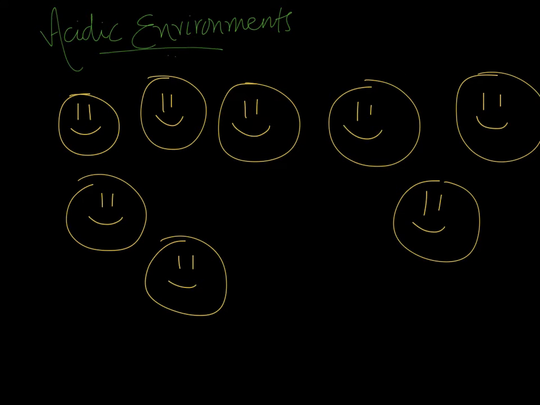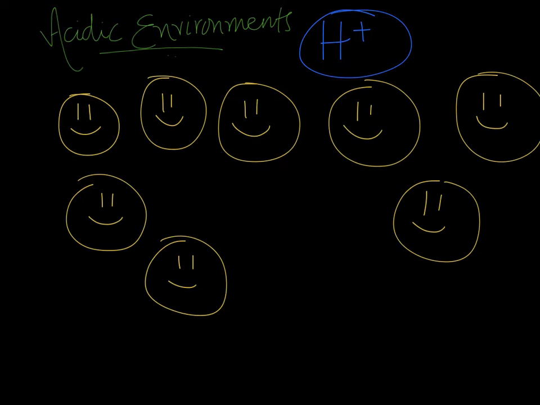So let's start with acidic environments. When you're in an acidic environment, you're surrounded by protons, or positive charges. The way I like to think about it is that you're surrounded by people with positive attitudes, like these guys. They're so happy and so jolly that when you get in there, it's very hard for you to be negative.